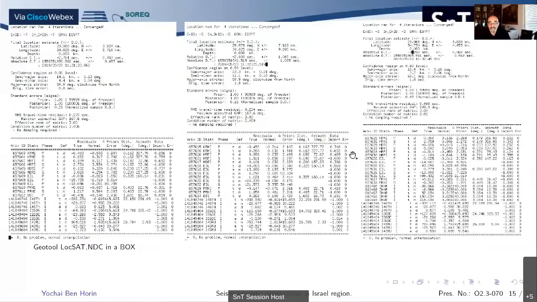This is a very busy slide, but what I wanted to show here is the output of the LOCSAT location procedures from the NDC in a box. What is important to see is that we cannot decide which of the three events it belongs to. What we see is one train that represents those three explosions.